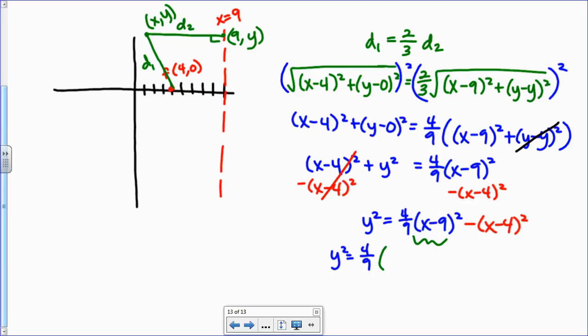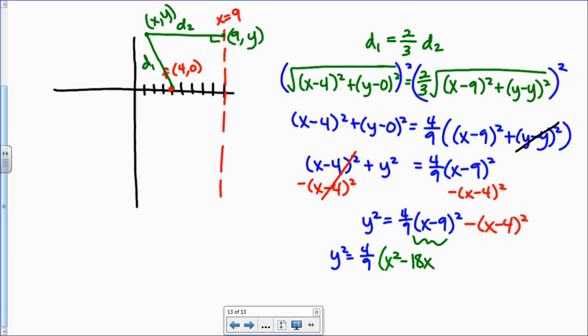When I multiply out x minus 9 squared, I'm going to put it in parentheses so I can distribute 4/9 after I multiply out. We don't distribute first because order of operations says x minus 9, you would do parentheses, then the exponent, which is 2, and then multiply. So we have to expand it, do the squaring part first, and then multiply by 4/9.